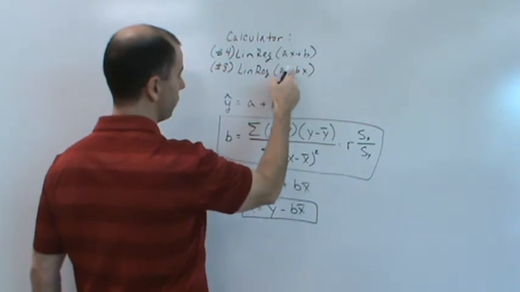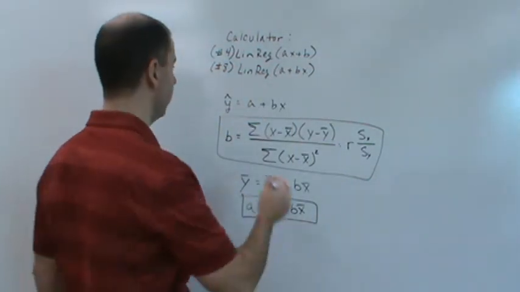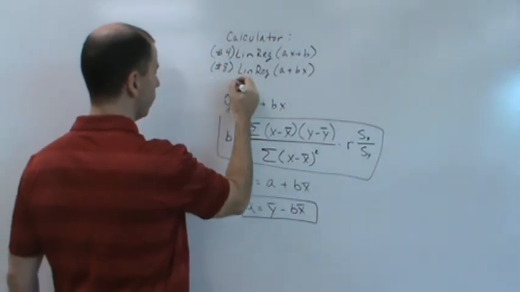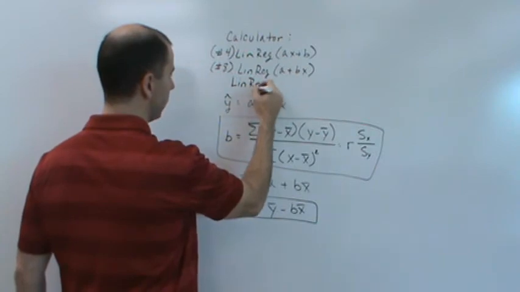So notice the difference in the form, but they give you the same output. And the last one, which I don't know what number it is, is the LinReg T-Test, which is the one I like.